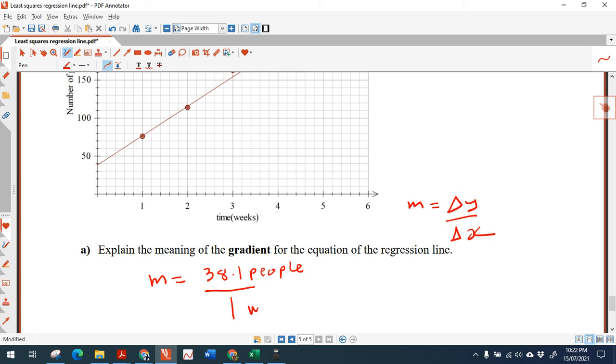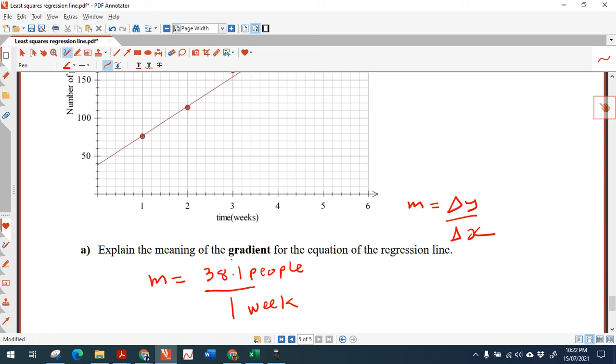Time. So this is week. So the slope tells us that 38.1 people per week is the rate of change for the people attending the restaurant.